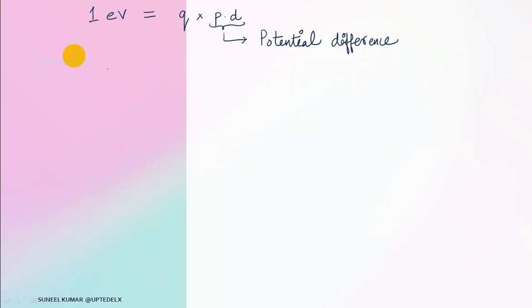So what is the value of Q? That is 1.6 into 10 to the power minus 19 coulomb, multiplied with 1 volt.